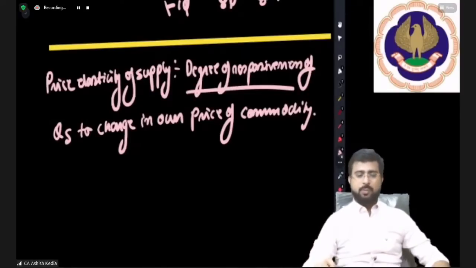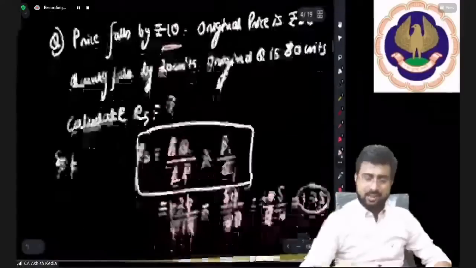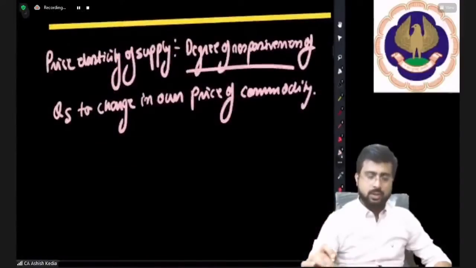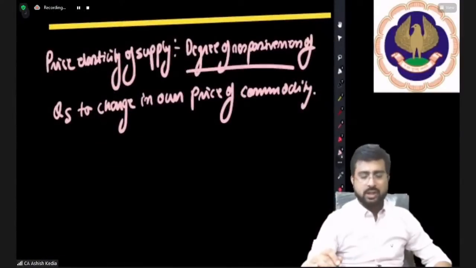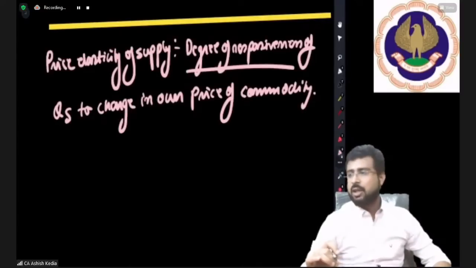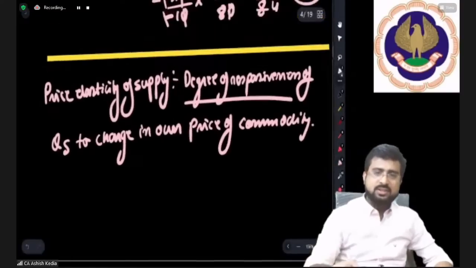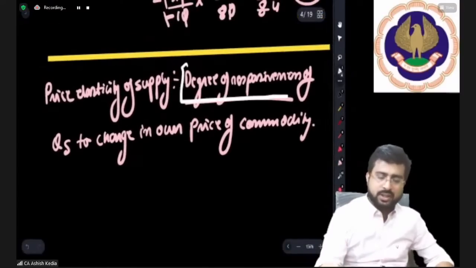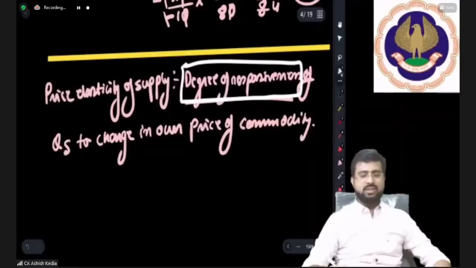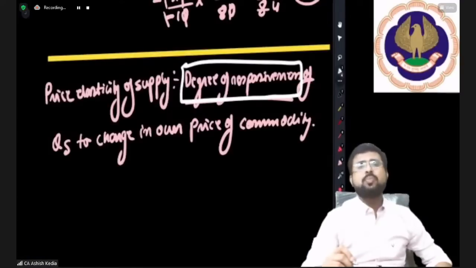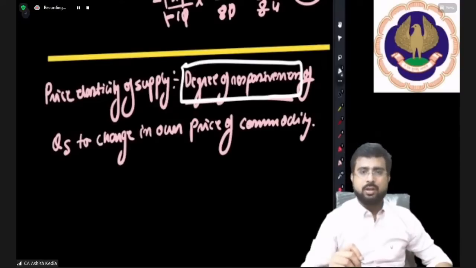So before I go to arc elasticity, note it down: degree of responsiveness of quantity supplied to the change in own price of the commodity. What is the keyword here? The keyword, my lovely friends, is degree of responsiveness.